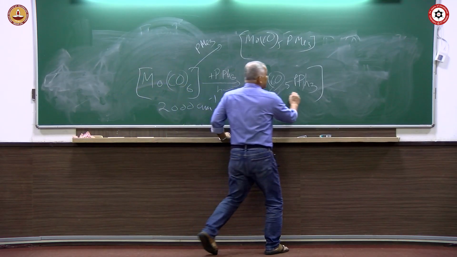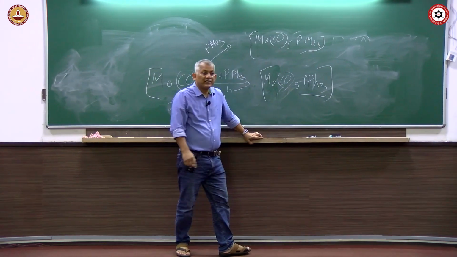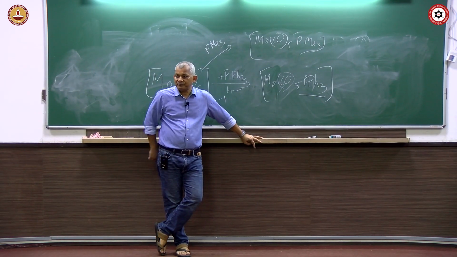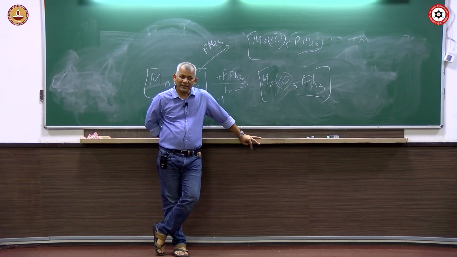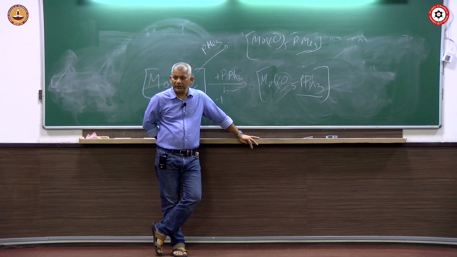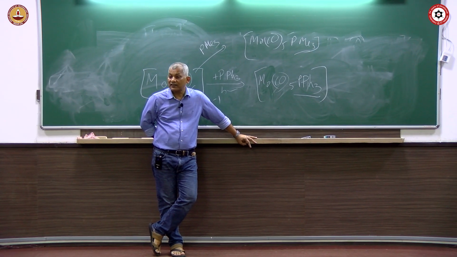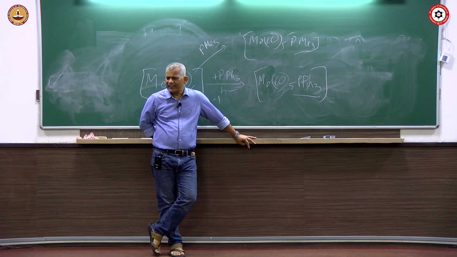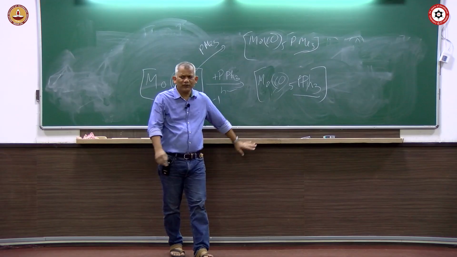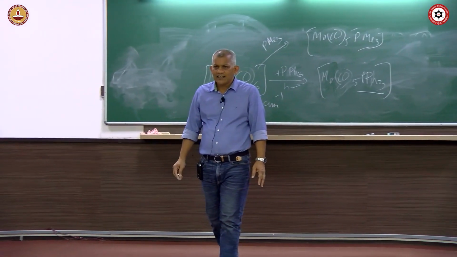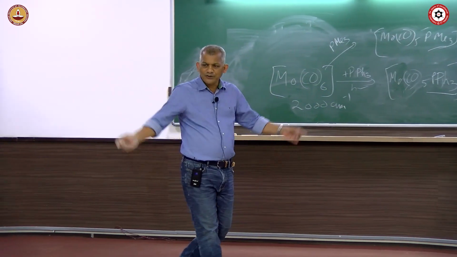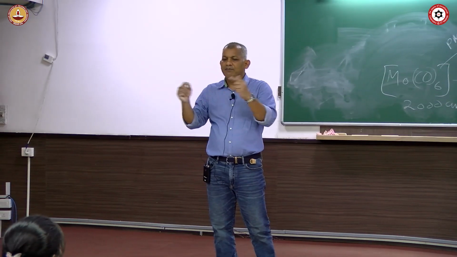Now if you compare this one and this one, which one would be lower further? So that means you need to know PMe3 and PPh3, which is a better sigma donor. These are all textbook things. I'm sure that all of you read this. Phosphine ligands, you never heard of cone angles or the sigma donor property?